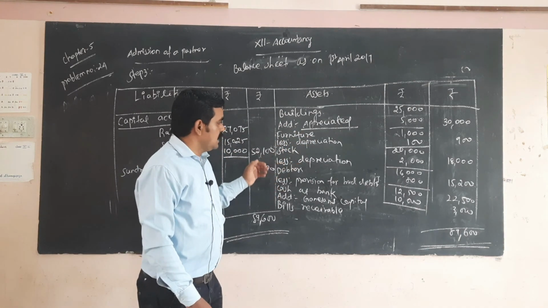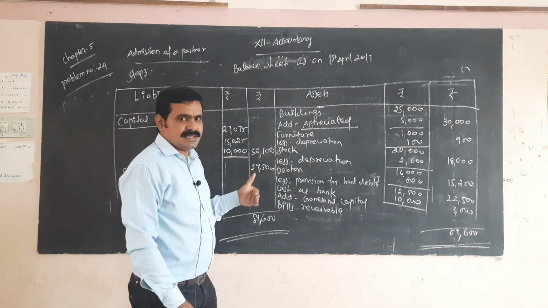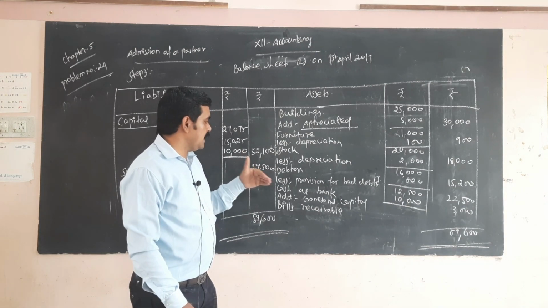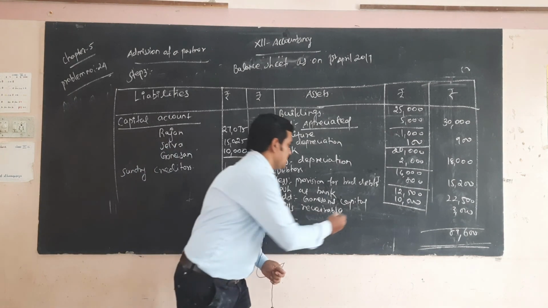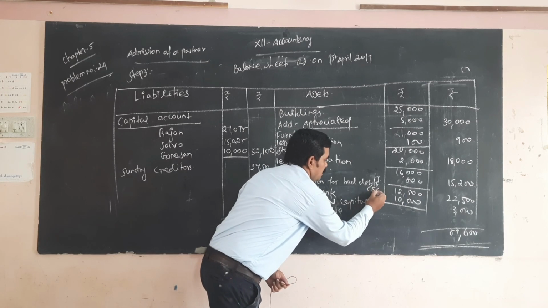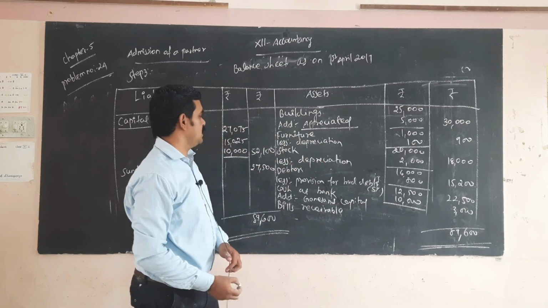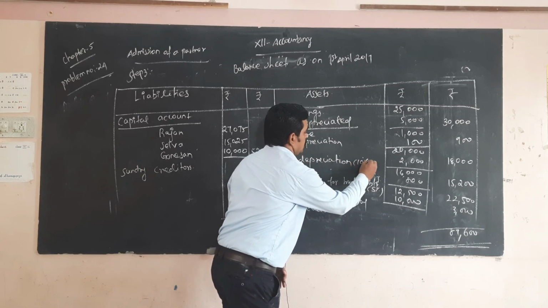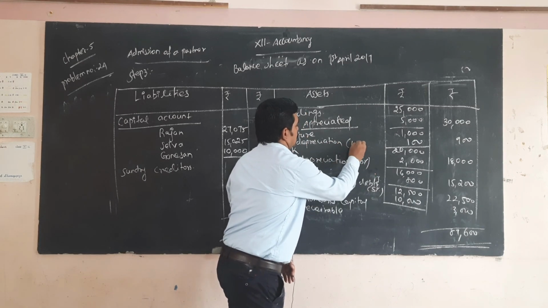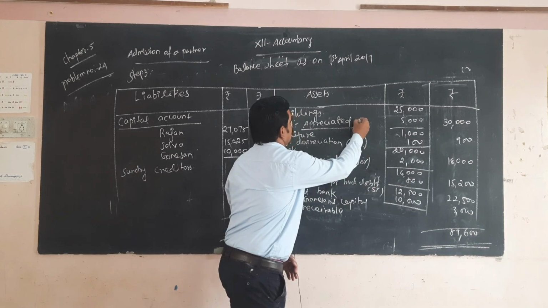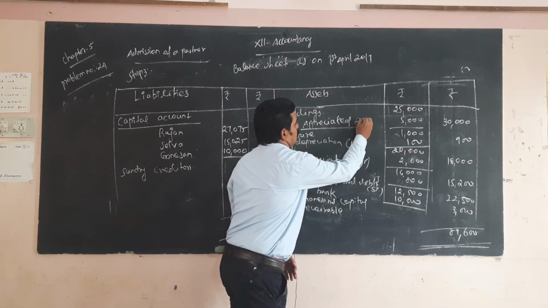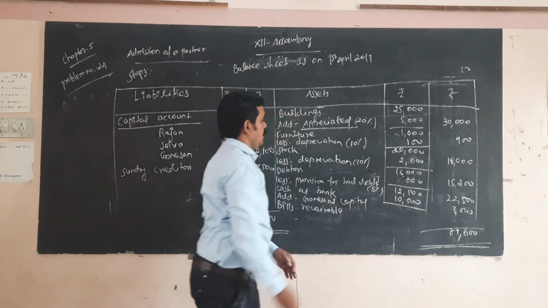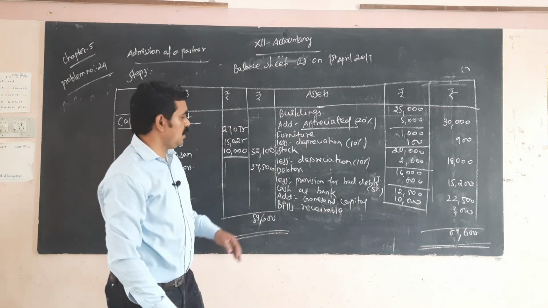Stock 20,000, depreciation 2,000. Debtors 16,000, then 800, that is 5%. Mention 5%, here 10%, here also 20%. It's a very important thing.